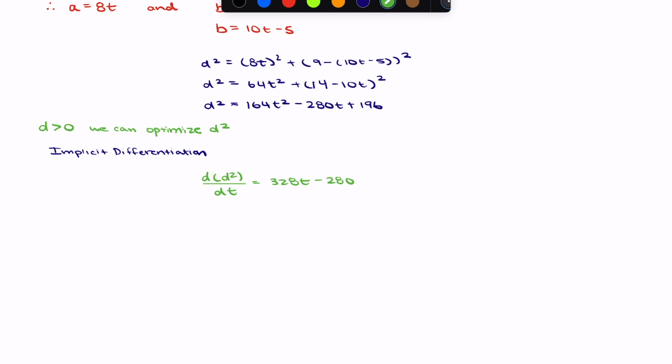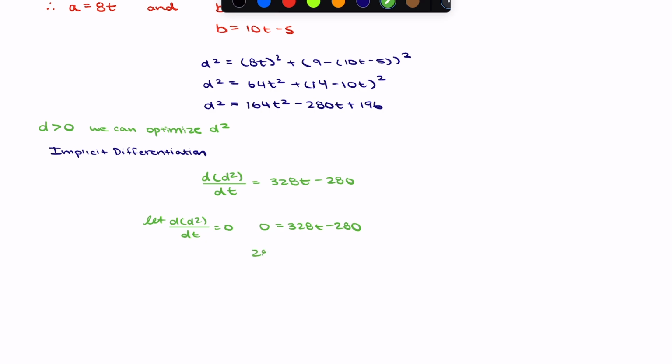Let's make that equal to 0. So we'll let d of d squared over dt equal to 0. So here 0 is equal to 328t minus 280.